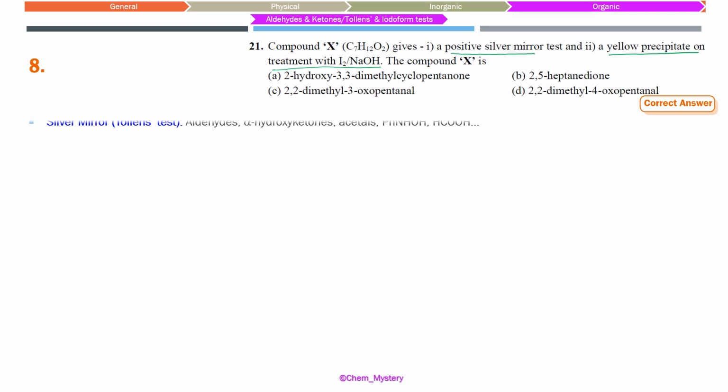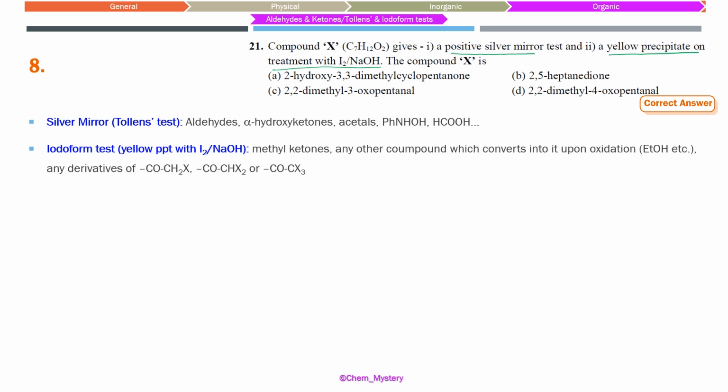Silver mirror test is given by many compounds, and among those we have aldehydes, alpha hydroxy ketones, acetal, phenylhydroxylamine, and formic acid. Some other compounds can also be there in certain cases. Also, the iodoform test, the yellow precipitate with iodine, is given by compounds which are methyl ketones or any other compound which can be converted into methyl ketone, like ethyl alcohol, and other such compounds which can give such a situation.